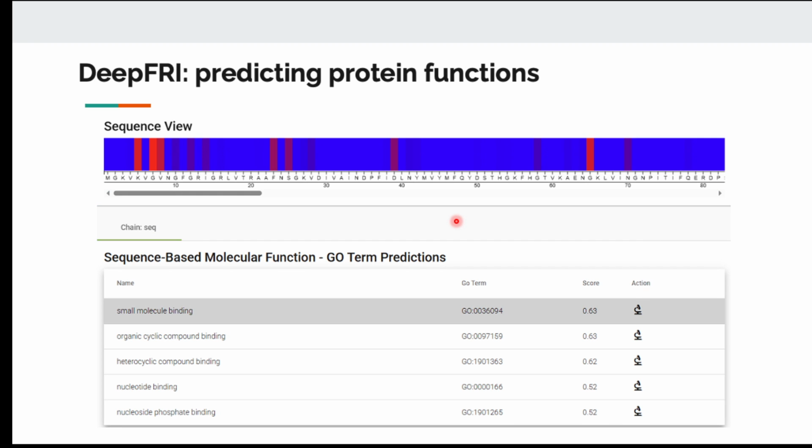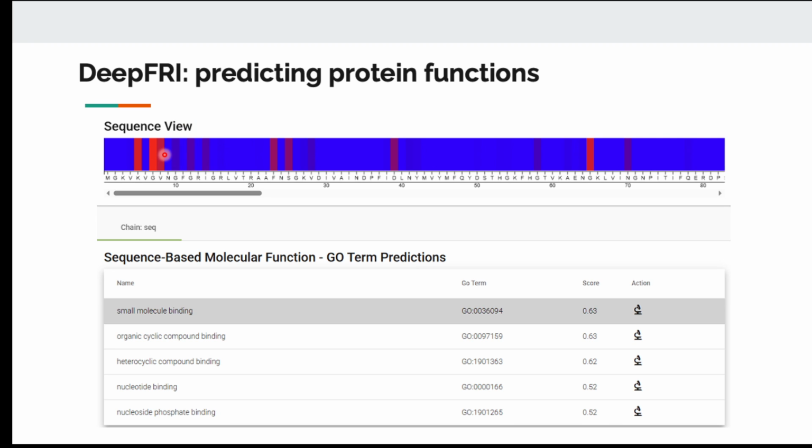Okay. With the knowledge about protein structure, people try to predict, for each residue on the protein, what would be the function for that residue. So for example, we know that on the protein, there are some domains, maybe DNA binding domains and so on. And those you can annotate based on the sequence.